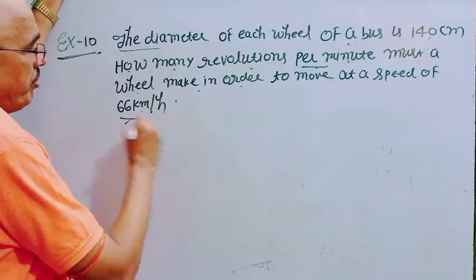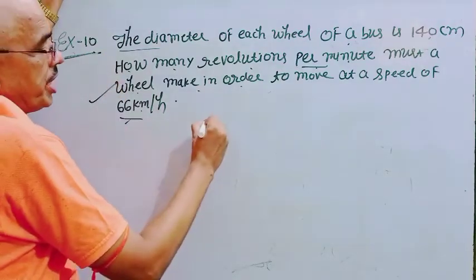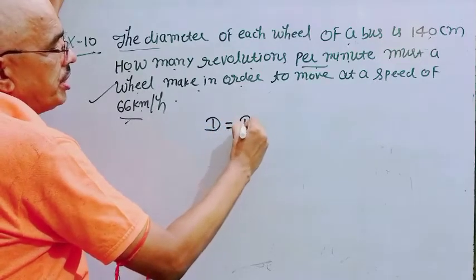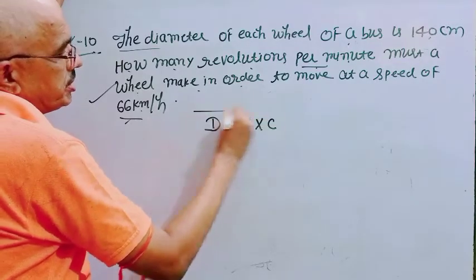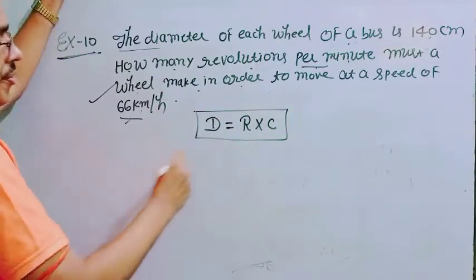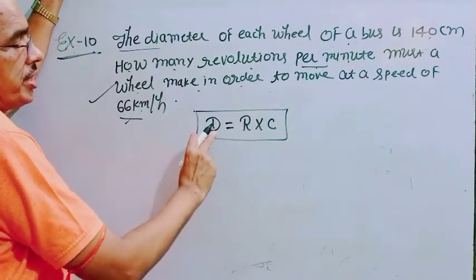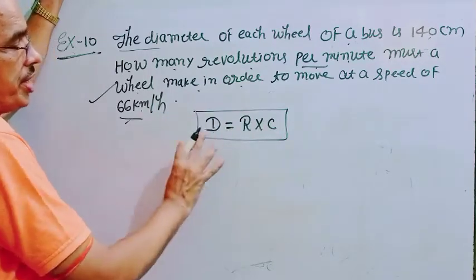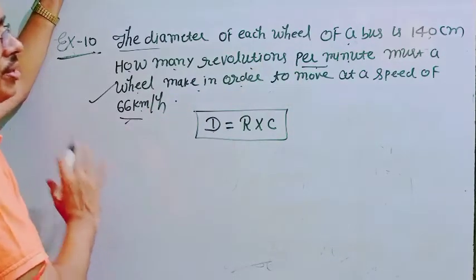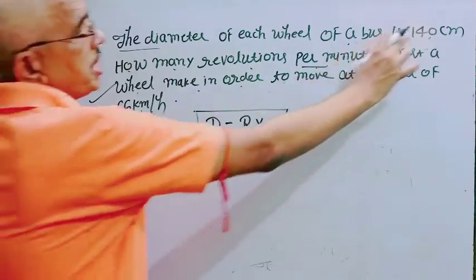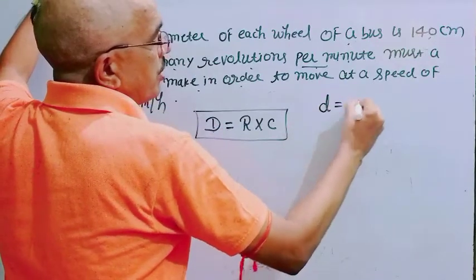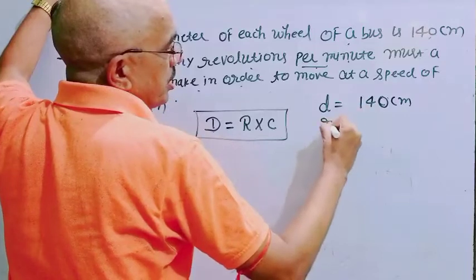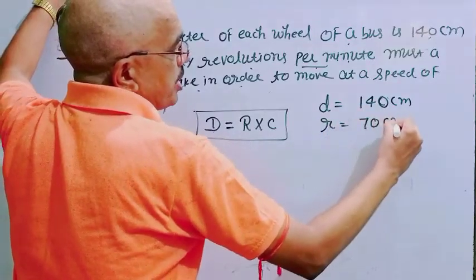One formula is very important for this type of question: distance is equal to revolution into circumference. With the help of this formula there are three things: distance, number of revolutions and circumference. If you know two, you can find the third. Here the diameter is 140 cm, so the radius is 70 cm.